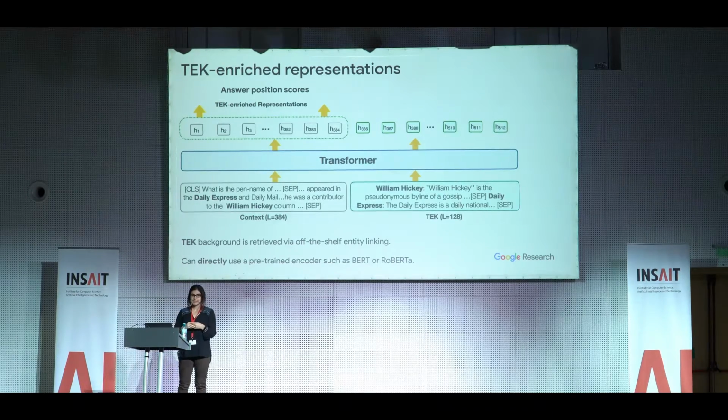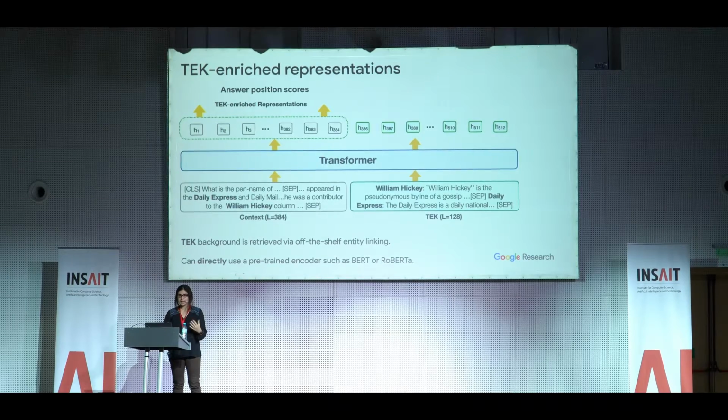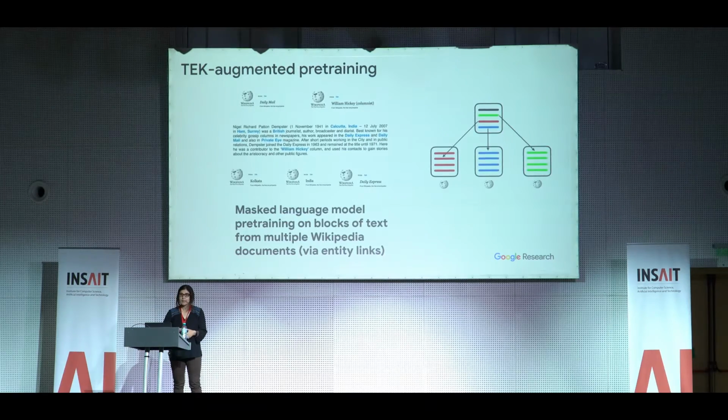In this work, what we do instead is we process shorter chunks of text, but we concatenate sentences about the entities mentioned in that text and encode that knowledge together with the text. We call this enriched representations. And you can use any pre-trained model with this new context, and it would work fine.